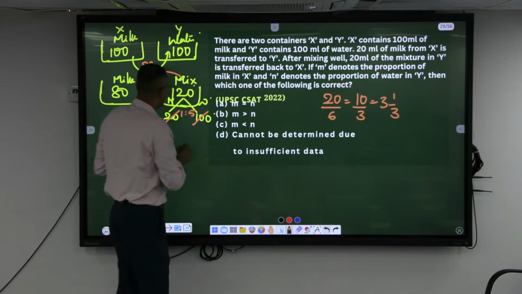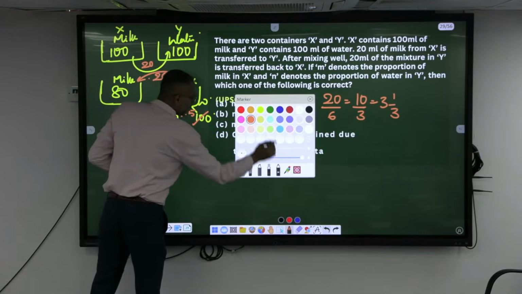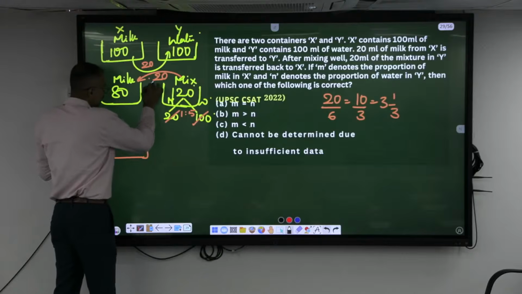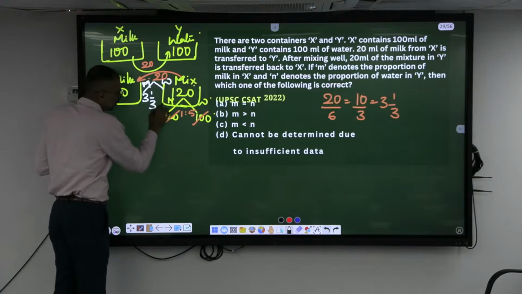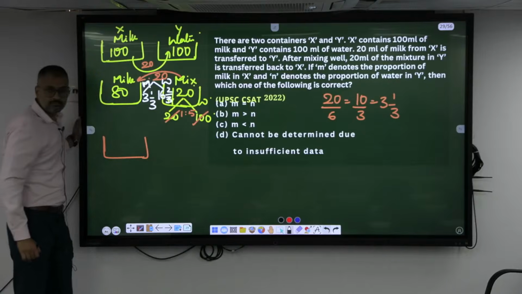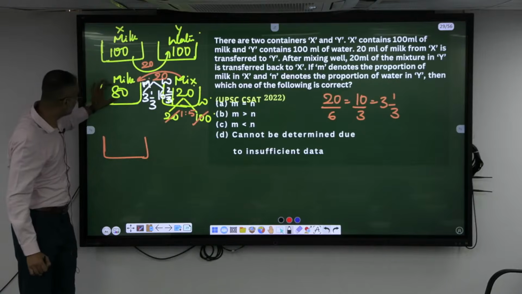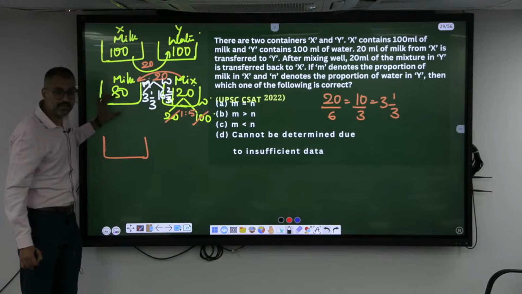Right? Okay. So here it is, milk and water. Milk is how much? 3 1/3. Out of 20, if this is 3 1/3, the remaining is how much? 16 2/3. So 3 1/3 of milk is going here and 16 2/3 of water is going here.